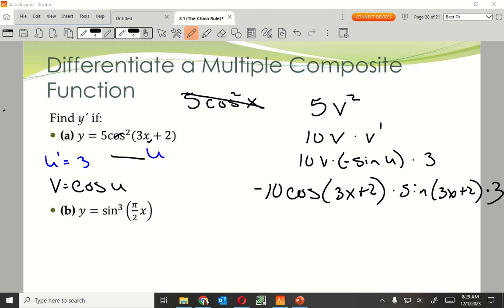Why isn't the 10 negative? Because you moved the negative from the sine. So, all together, I get negative 30 cosine of 3x plus 2 times sine of 3x plus 2.